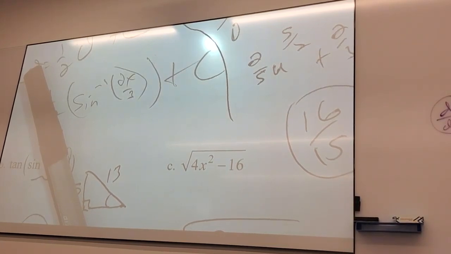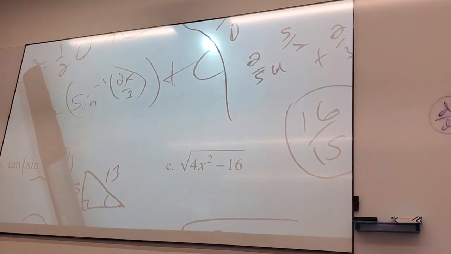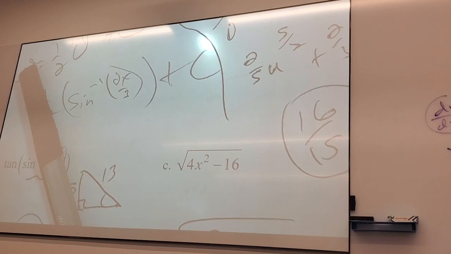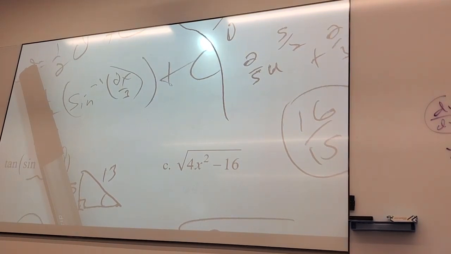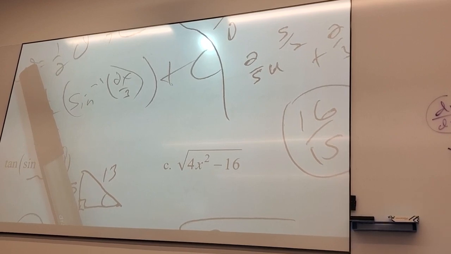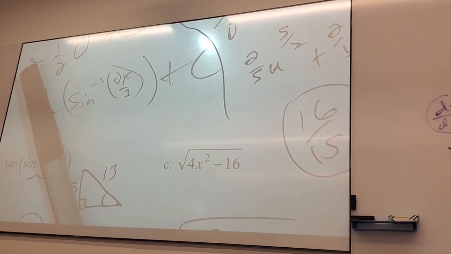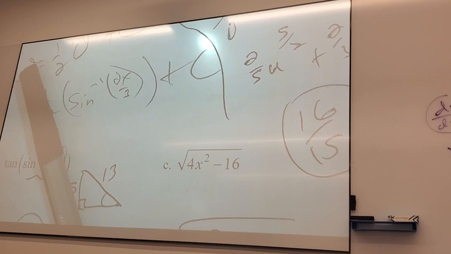So there we go. And the funny thing about this is, the absolute value of y, for example, if the absolute value of y is 1, what's y? 1 or negative 1, depending on the sign of y.